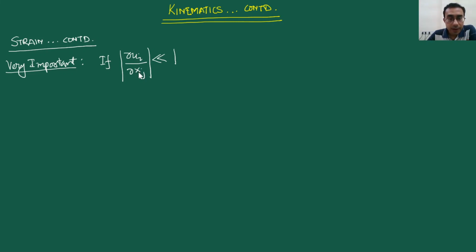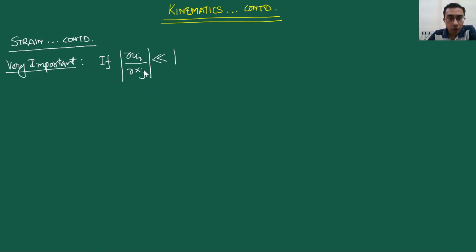Similarly, xj is a component of the position vector, and it also has the dimension of length. So in the numerator and denominator we both have length, so overall this term is dimensionless.